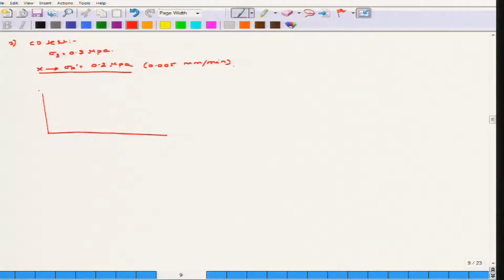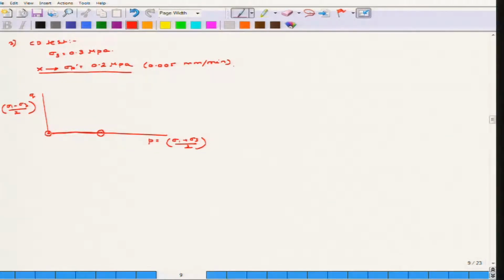If you remember the stress paths P and Q, for the sample X, it started from here and moved along this line, just because during a consolidation phase there is no shear stress.